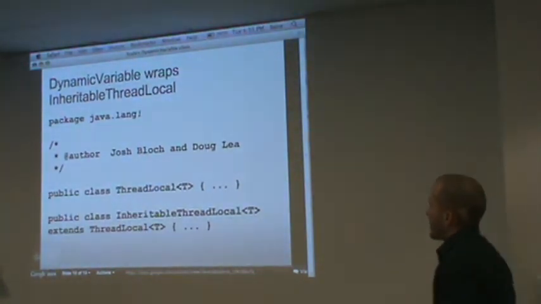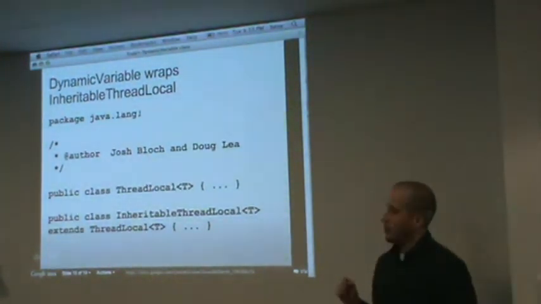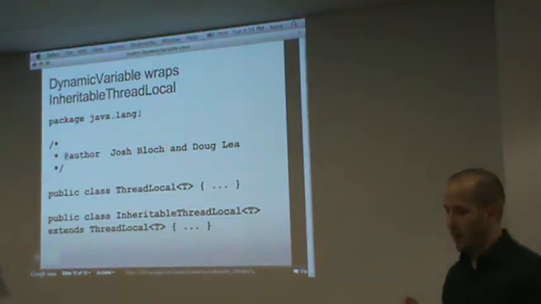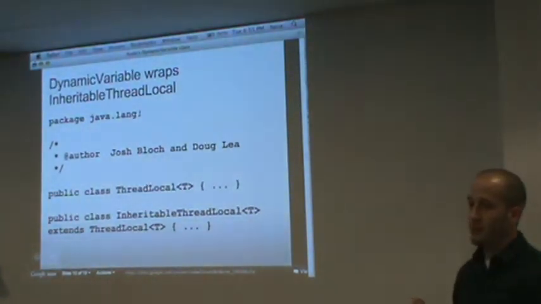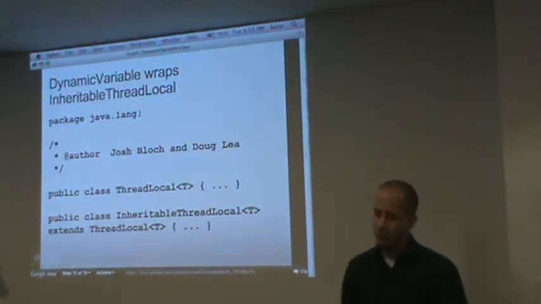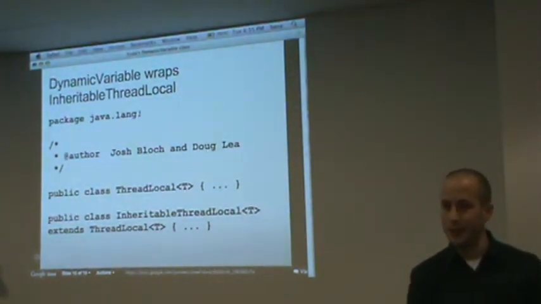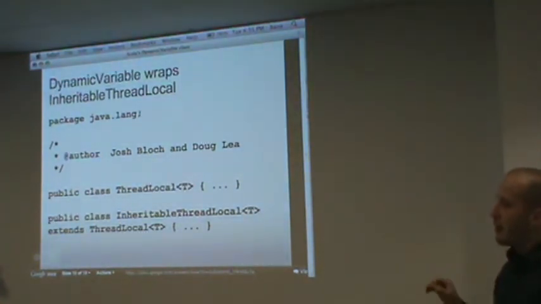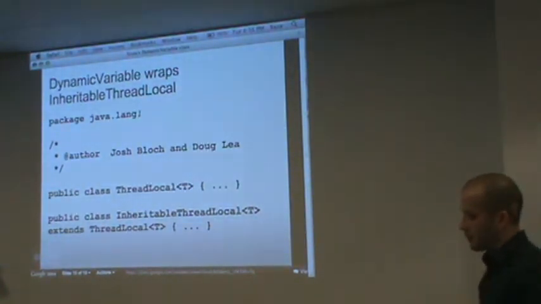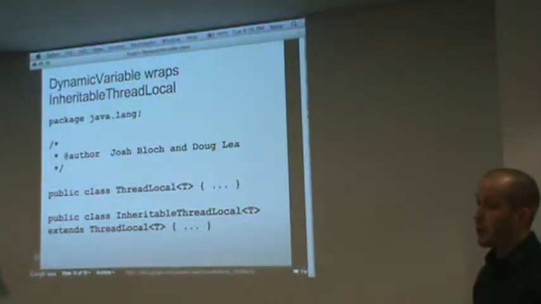So, as I said, this is a very thin wrapper around this class from the Java standard library, which was written by Josh Block and Doug Lee. I think it dates back to Java 1.2, but it was flaky at that time and really became solid in Java 5 as part of Doug's work on the Java util concurrent package.